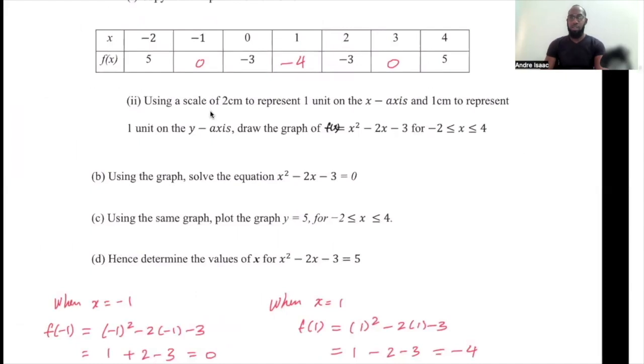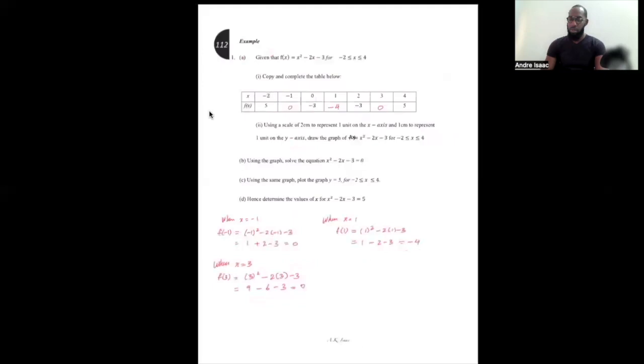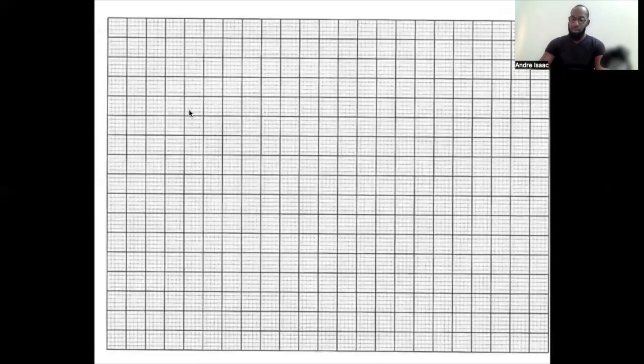Let's check out our grid. So this is our grid here. We have to draw our axes using a ruler.